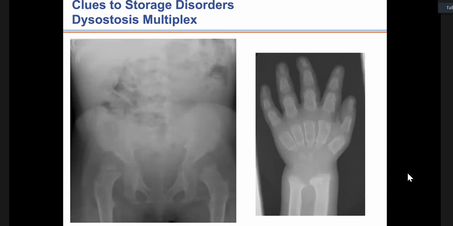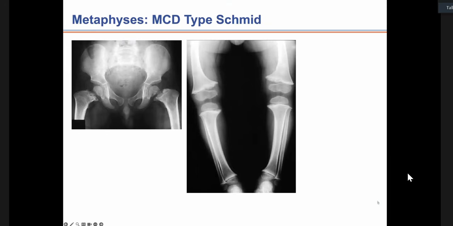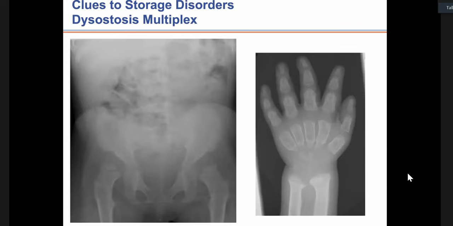And look for the reduction in the carpal angle, which we have here. Look for the proximal pointing of the bases of the second to the fifth metacarpals, and all the bones may be relatively short and broad. So those are the features of dysostosis multiplex.